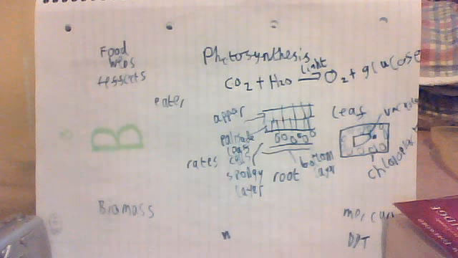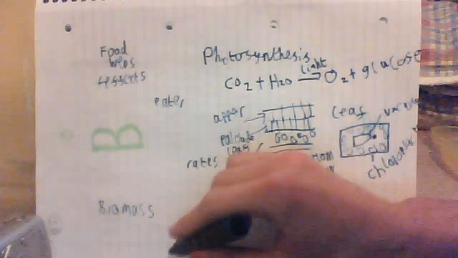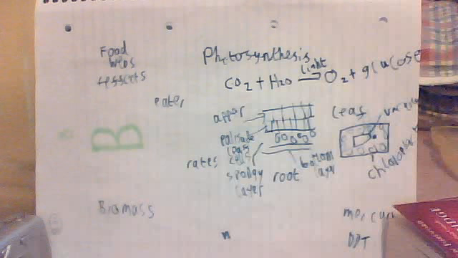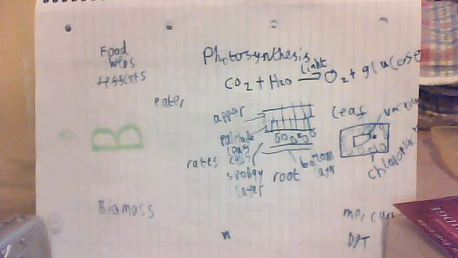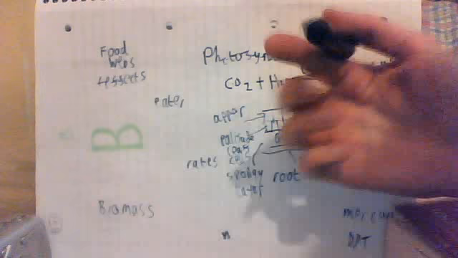I want to talk to you a bit about biomass as well. There's biomass pyramids, and these things called biomass pyramids are basically, you know, we did food chains. They're similar, but they're not quite the same. They're sort of in a different structure, a different way of drawing a food chain, for example.